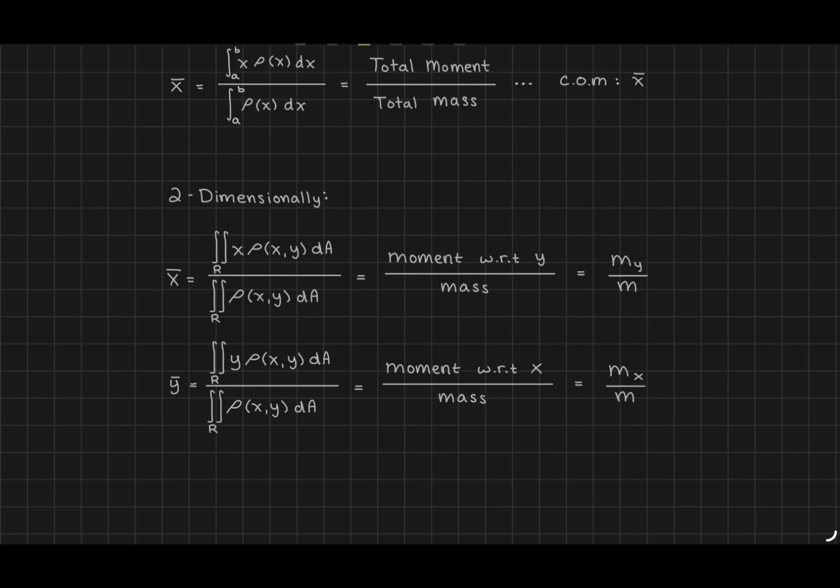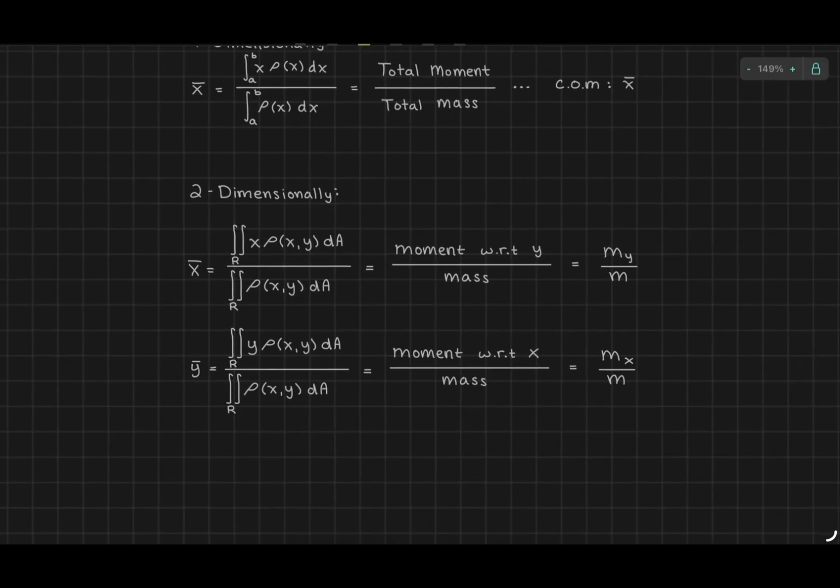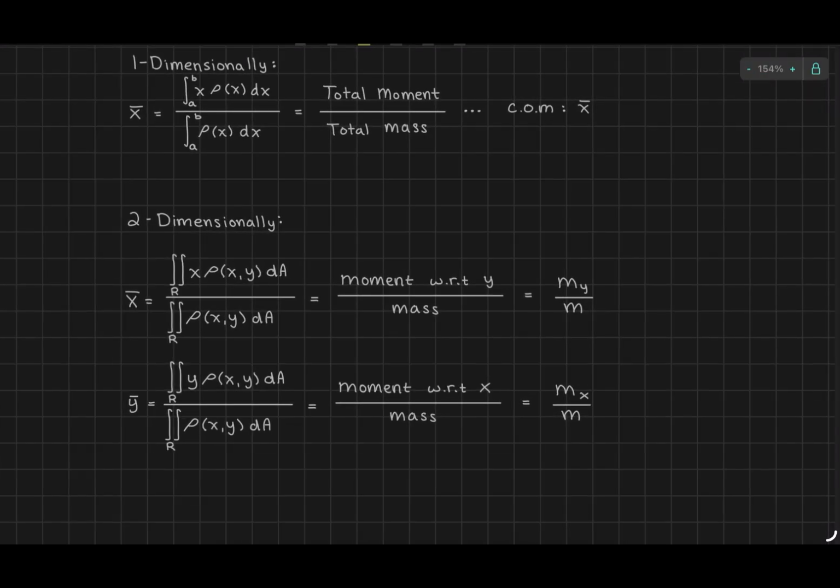It's pretty much a similar formula wherein we have the moment with respect to y over our mass for our x portion, and the moment with respect to x over the mass is going to equal our y portion.